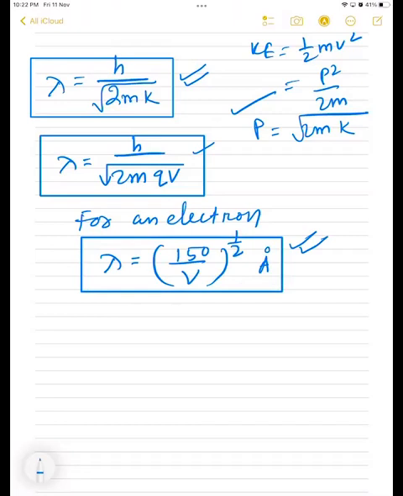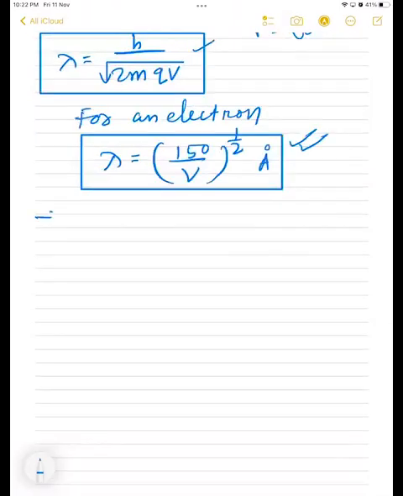और कभी कभी de Broglie का ये भी इक्वेशन है, gas molecule, right?